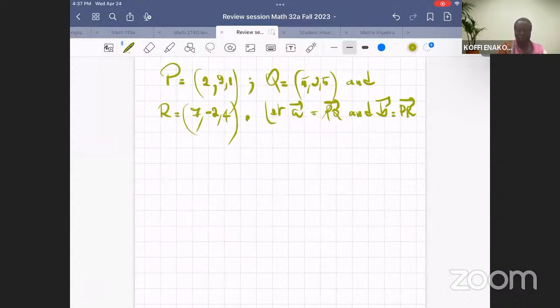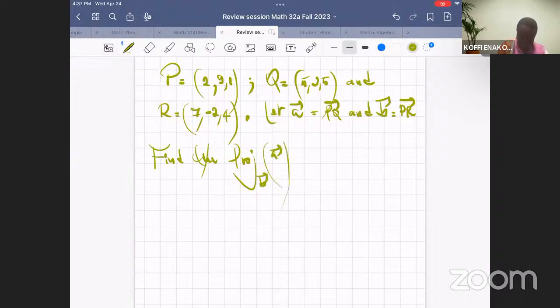So the question: you wanted to find the projection of the vector A onto B. That's easy. We need to find the components of the vector A. A is PQ, so it's 5 minus 2, which is 3; 2 minus 9, -7; 5 minus 1 is 4. Then we project this vector onto PR.